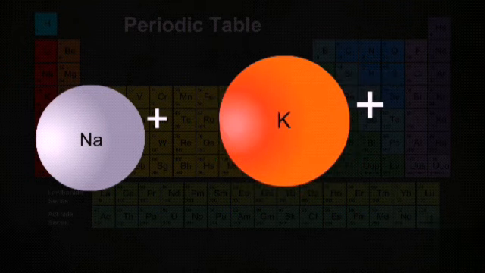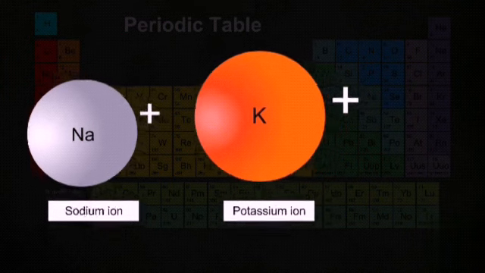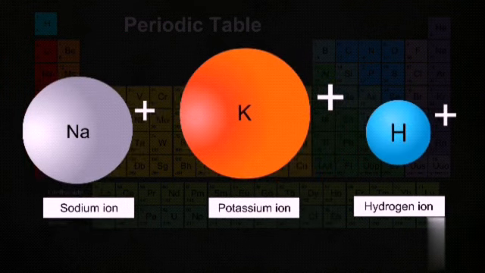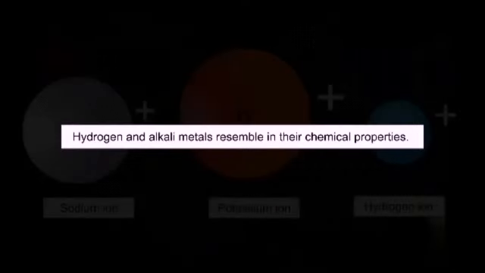Because of the ability to lose an electron to form unipositive ion, hydrogen and alkali metals also resemble each other in their chemical properties.